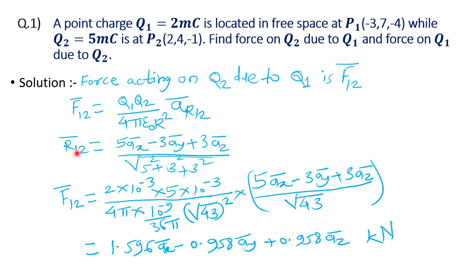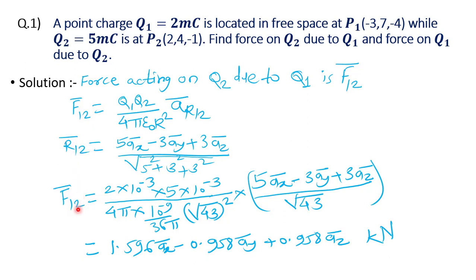The distance between these two points is root 43, and the vector from 1 to 2 is 5ax bar minus 3ay bar plus 3az bar, divided by square root of 5 square plus 3 square plus 3 square. So this is the unit vector aR12.